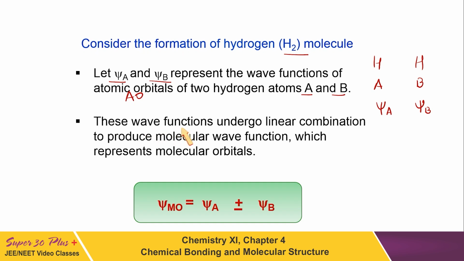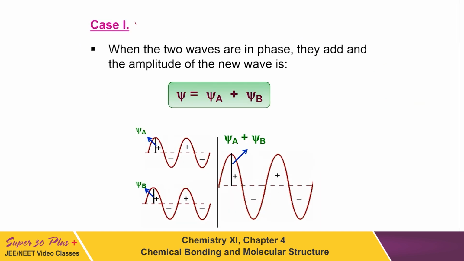So the wave functions undergo linear combination to produce molecular wave functions, which represent the MO. This MO is formed either by the addition or the subtraction of the wave functions, depending upon the type of MO, whether it is a BMO or an ABMO, whether it is of low energy or of high energy. So depending upon this, there is a formation of the wave function of the MO. Now we shall consider two cases.